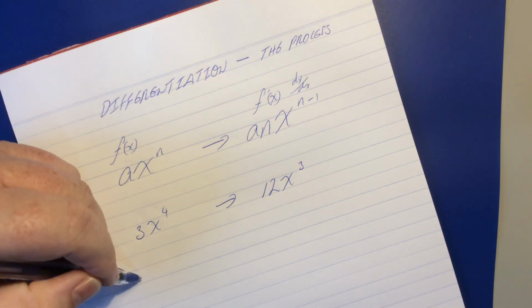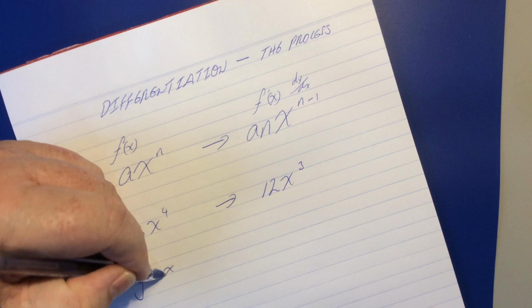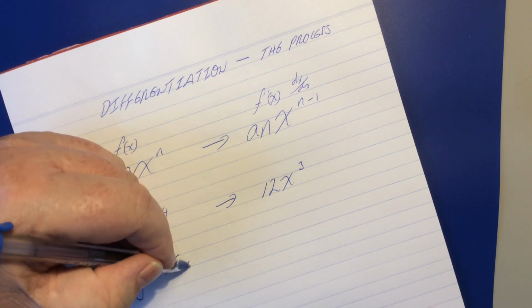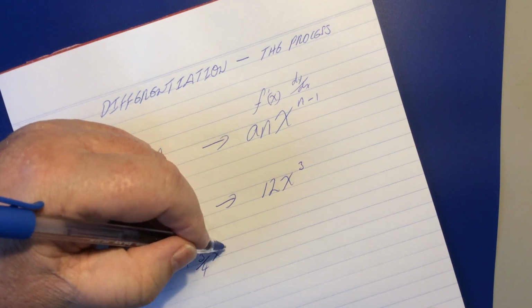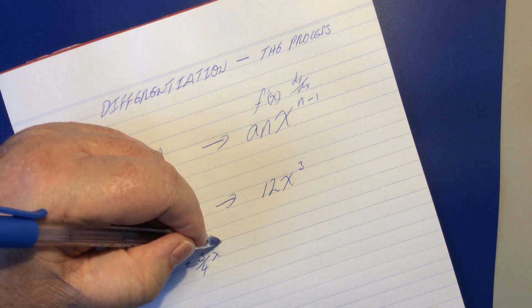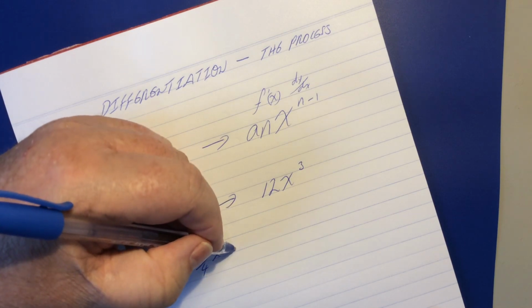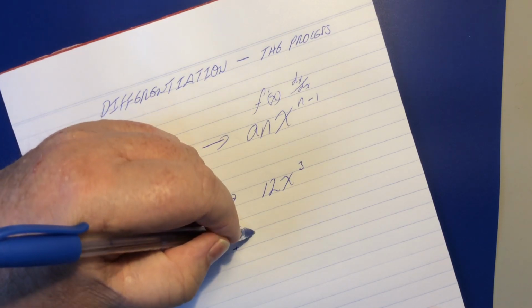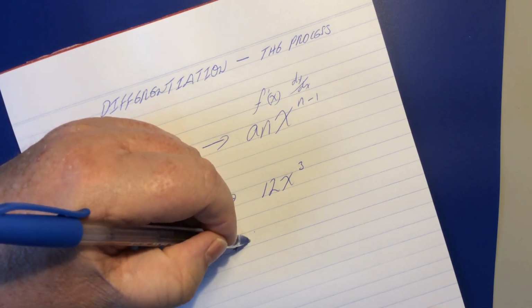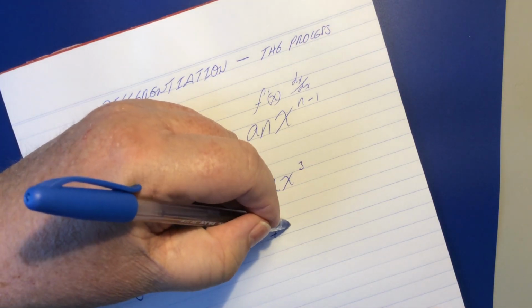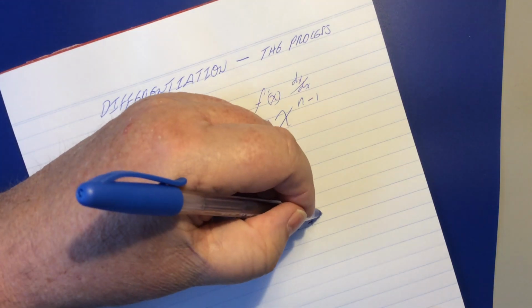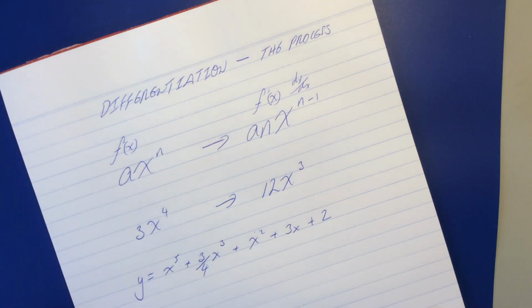So y equals x to the 5 plus 3 over 4 x to the 3 plus, what will we say, x to the 2 plus 3x plus 2. Now, there's an important step in here.